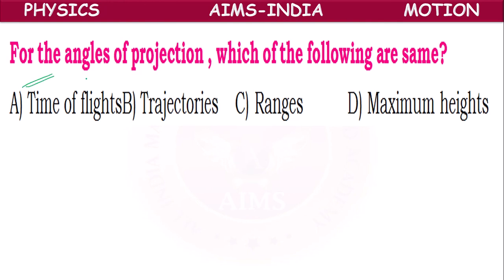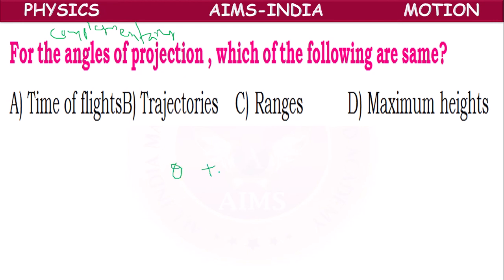Next, for the angles of projection, which of the following are same? Some part of the question is missing, children. For complementary angles of projection, which of the following are same?